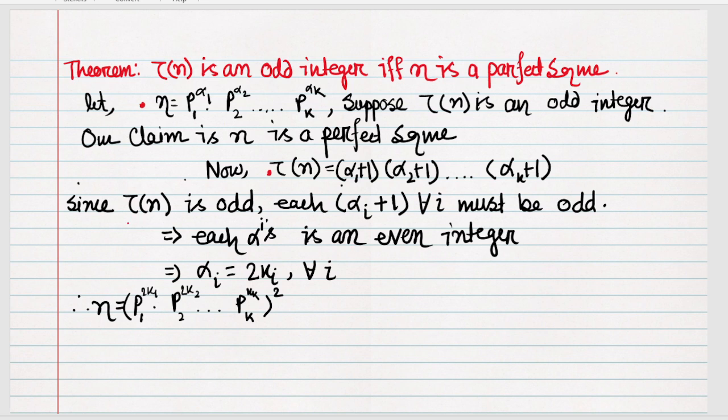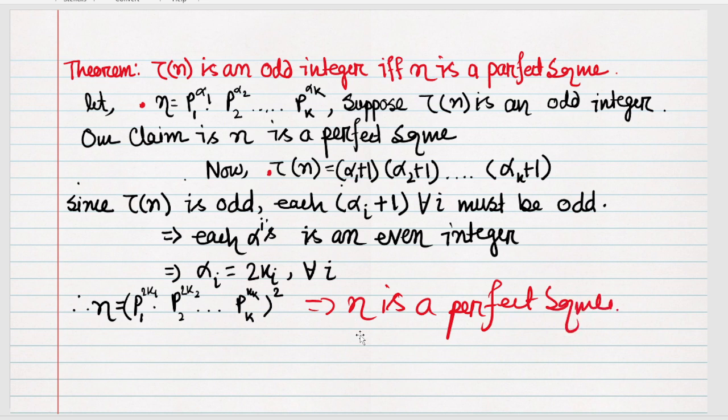That means we can write alpha i equals 2 ki for all i. So the prime factorization of n equals (p1^k1 p2^k2 ... pk^kk) whole squared. So n is a perfect square, because every prime power in it is a square.